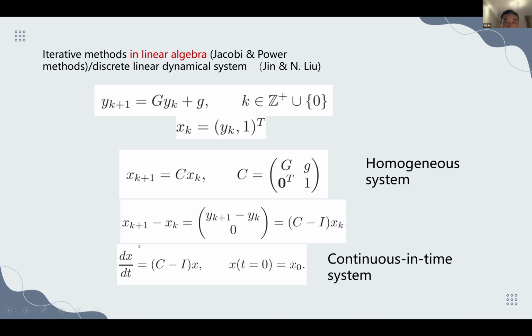Then you have a continuous ODE now, and you can Schrodingerize this ODE. Then you solve this ODE to steady state, and you get the convergent solution to the iteration. So basically, you can Schrodingerize all these linear iterative schemes for linear systems.